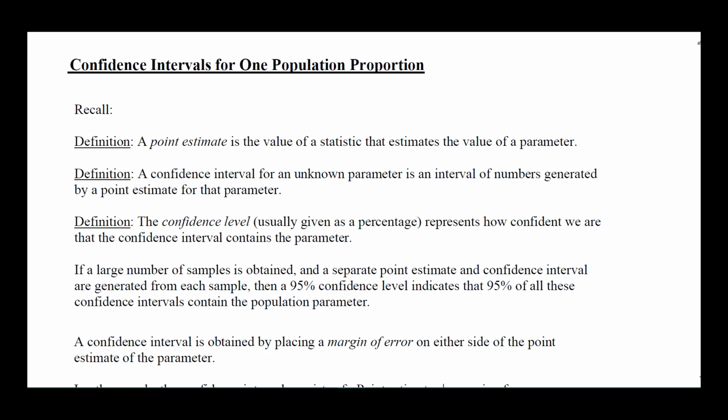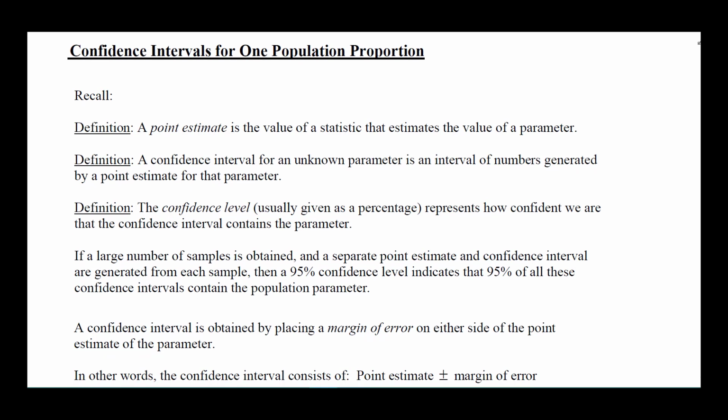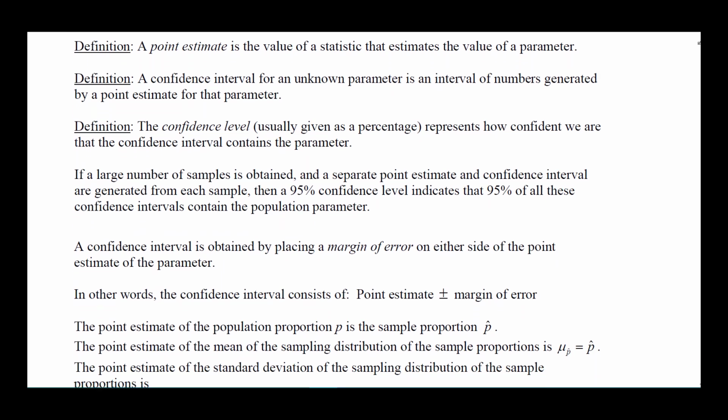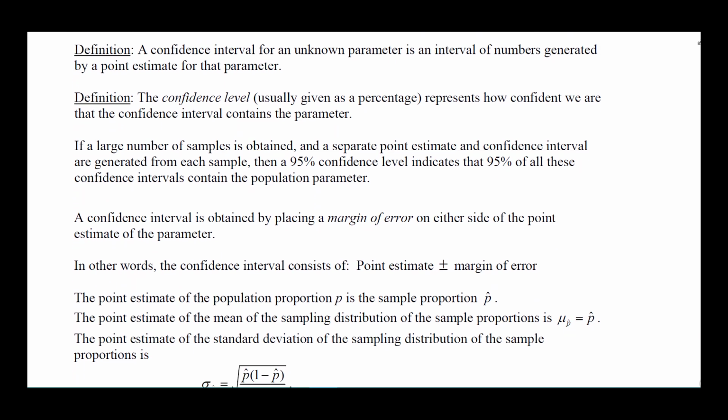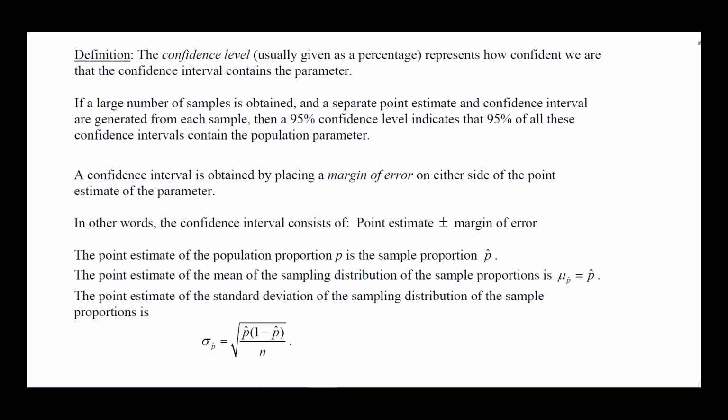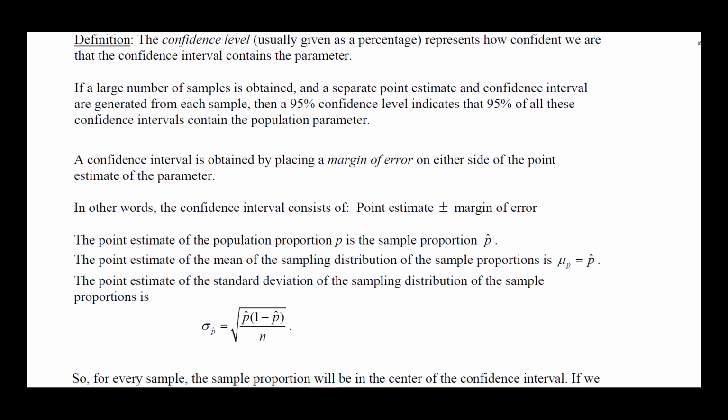And the way we make the confidence interval is we create a margin of error on either side of our point estimate. And then we're going to add and subtract that margin of error on each side. Okay, so when we're talking proportions, the point estimate of our population proportion is going to be our sample proportion, p hat.